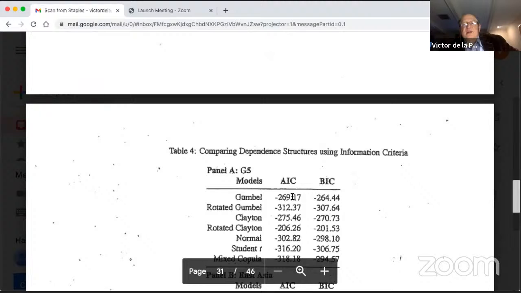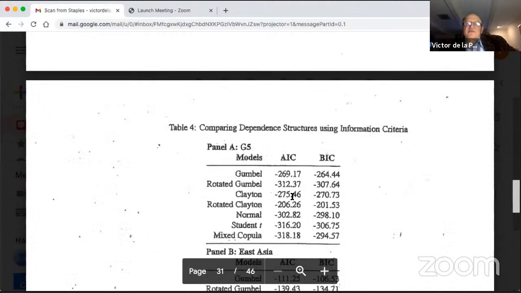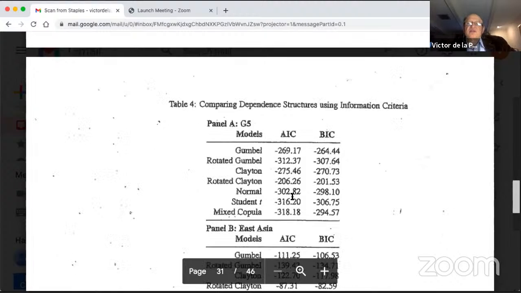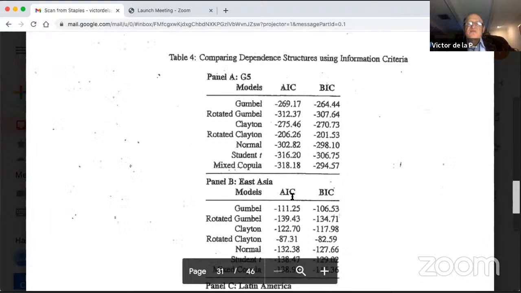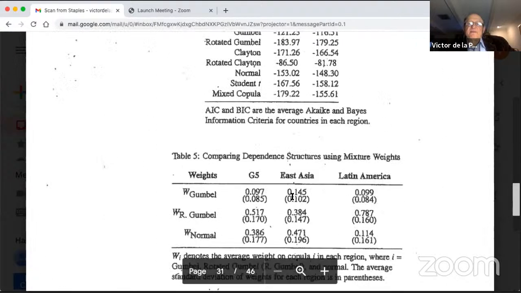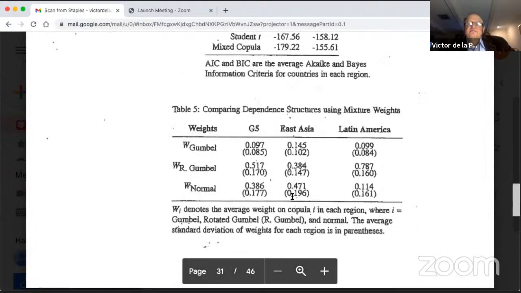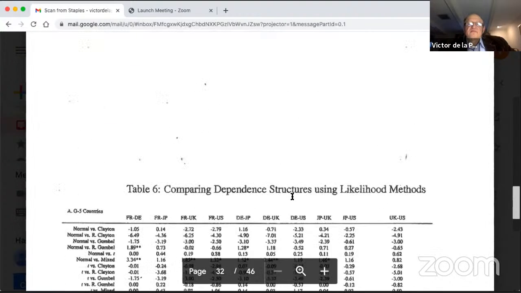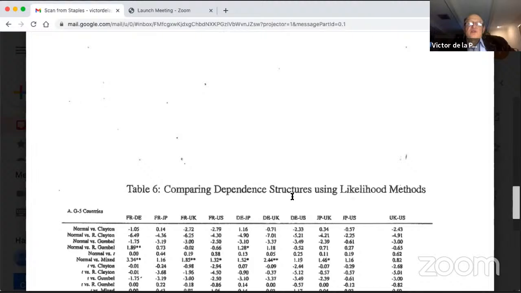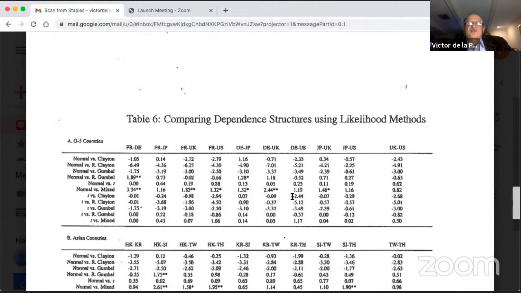Another technique that we use to assess the fitness of copulas is the Akaike criterion, the AIC, and the BIC. We compare dependence structures using likelihood methods.